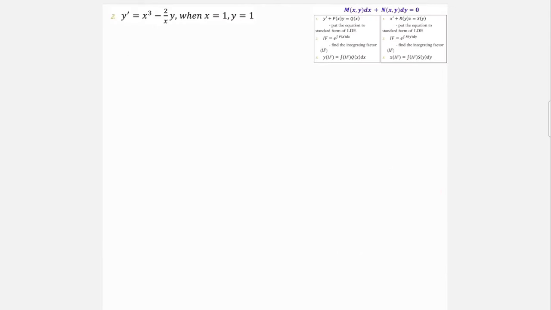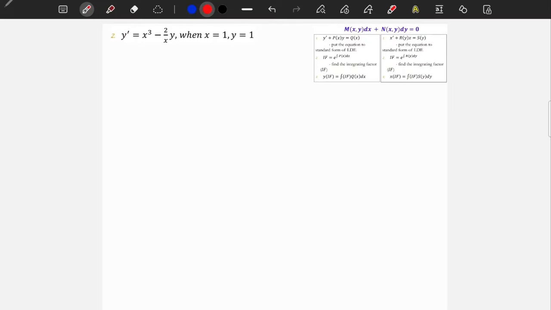Number 2 example, we have y prime equals x cubed minus 2 over x times y, when x equals 1 and y equals 1. So we are looking for the particular solution. Since our DE is already arranged with y prime, we will follow the linear in y. The linear in y standard form is y prime plus p of x times y equals q of x.